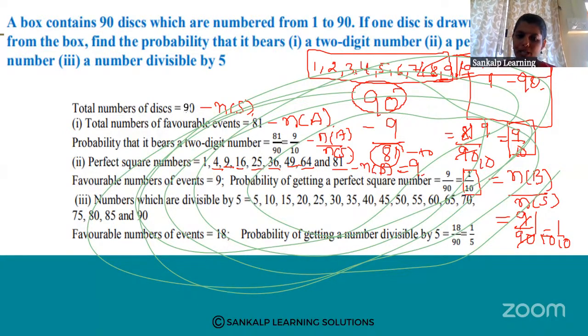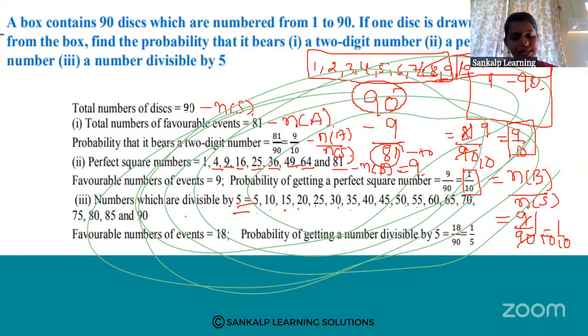Next, numbers which are divisible by 5. Which numbers are divisible by 5? 5, 10, 15, 20, 25, 30, 35, 40, 45, 50, 55, 60, 65, 70, 75, 80, 85, 90.